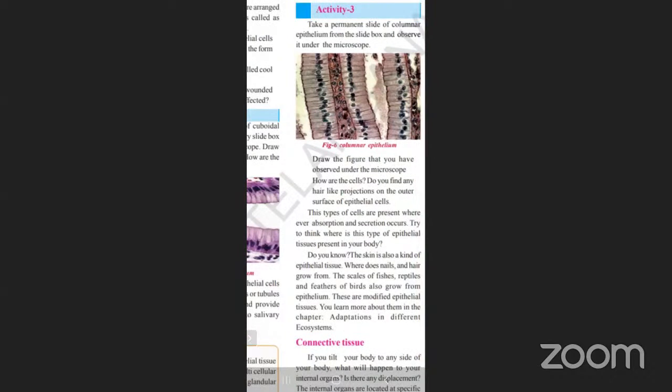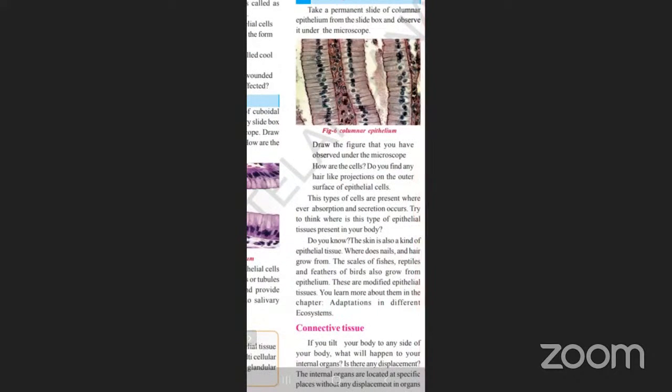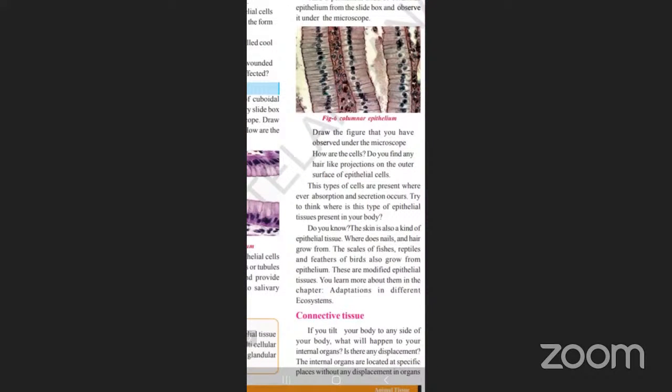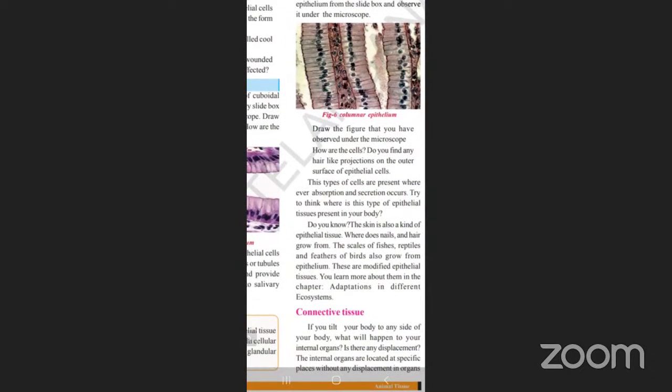Take a permanent slide of columnar epithelium from the slide box and observe it under the microscope. Draw the figure that you observed under the microscope. This is a must, because you have to draw the figure in your observation book and compare your observation diagram with your textbook diagram. It will be helpful for you.